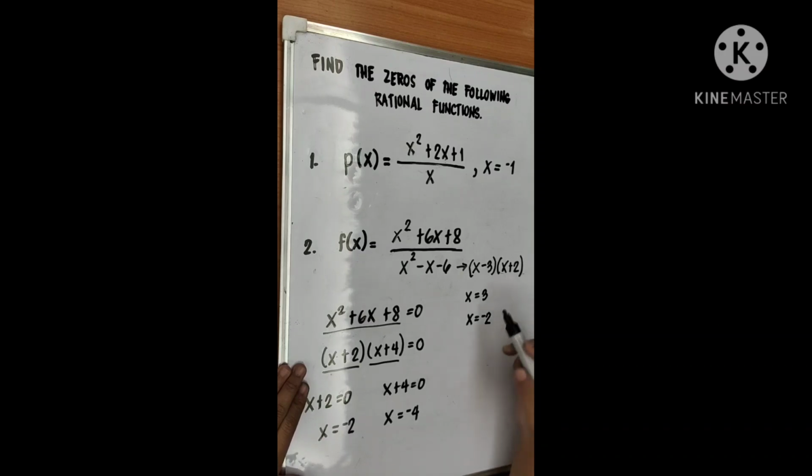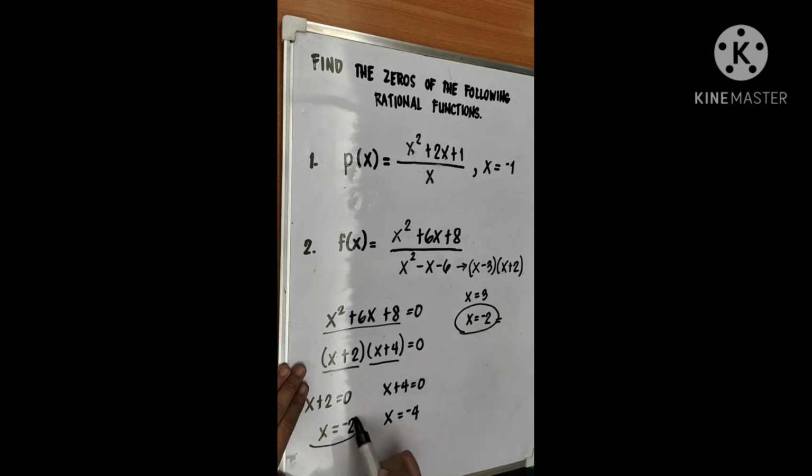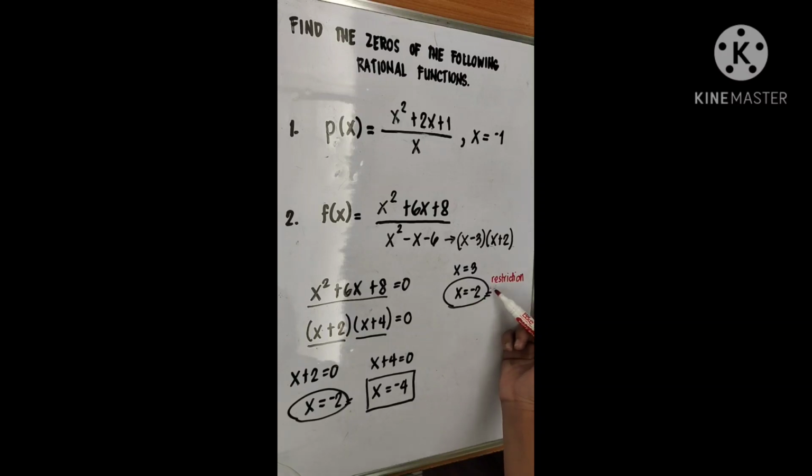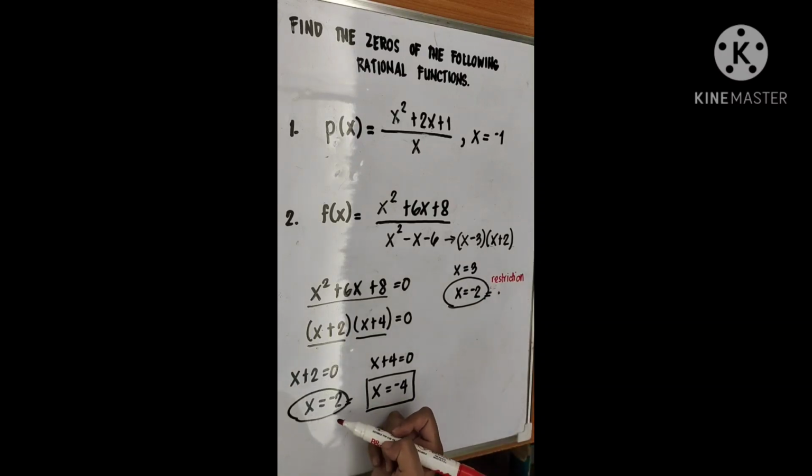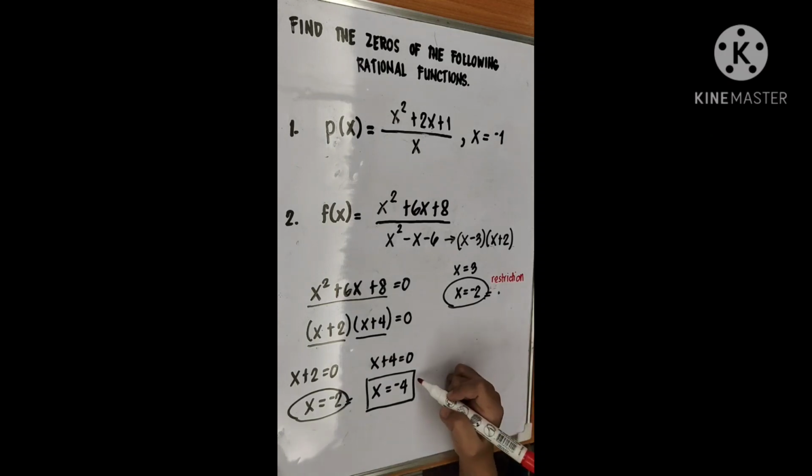And so therefore, negative 2 here is already a restriction in our domain. So it cannot be both a restriction and at the same time a zero. So negative 2 here is a restriction instead of being a zero, and therefore the only zero in our rational function here is negative 4.